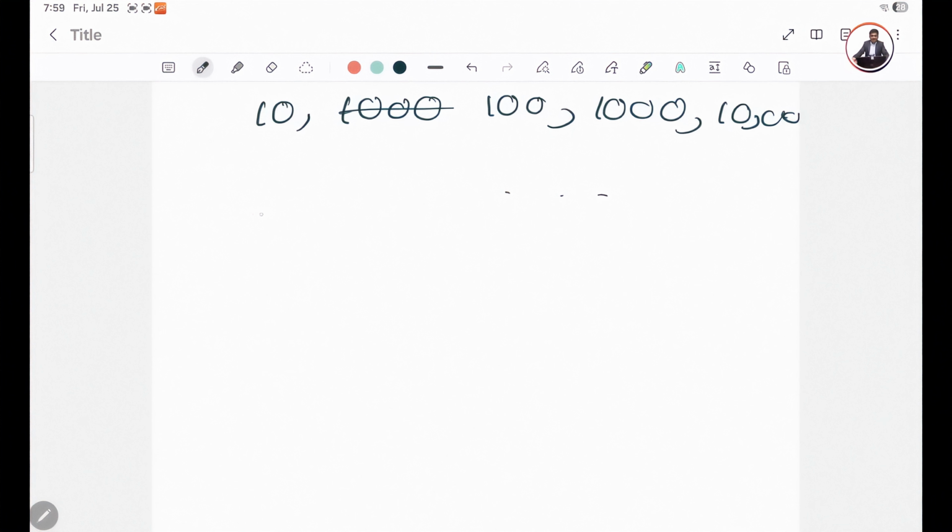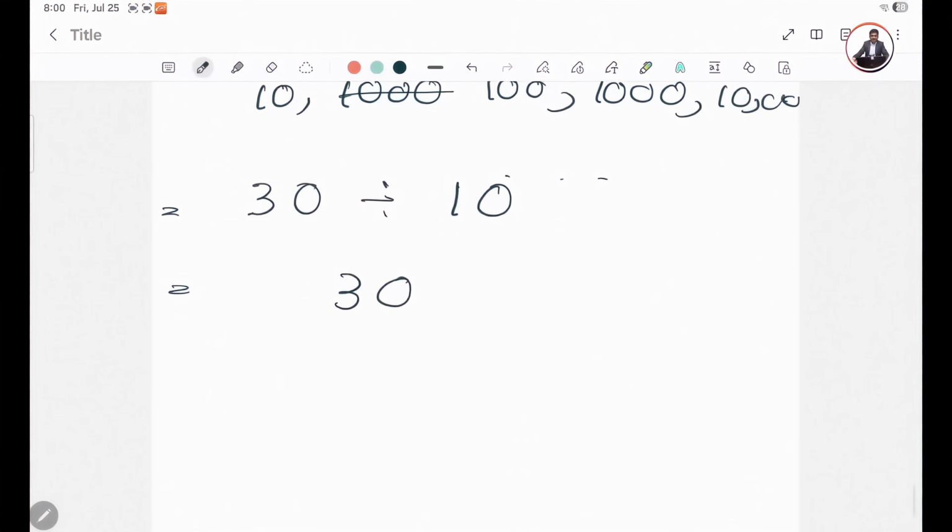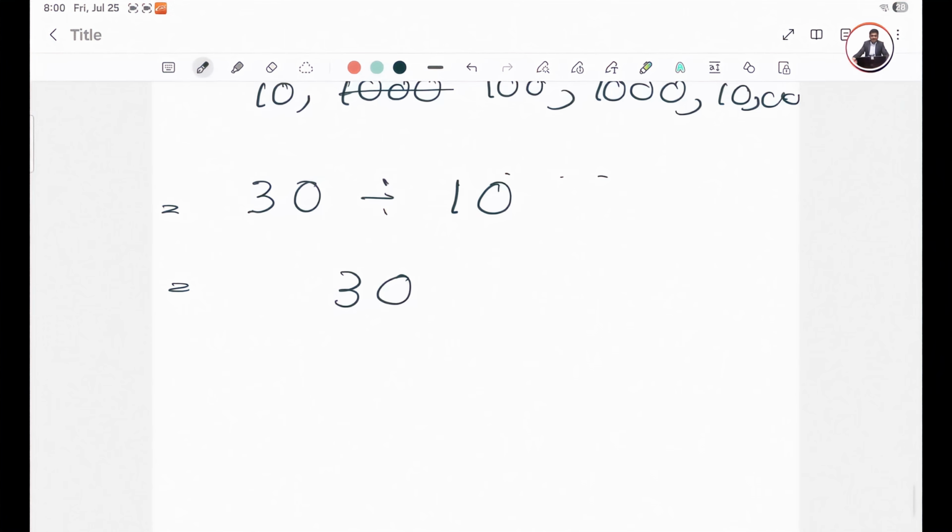So for example, if you want to divide the number 30 divided by 10, what you have to do is write 30 here. Always remember your decimal point is at the end of the integer number, and you can't see it, but it's there at the end on your right.